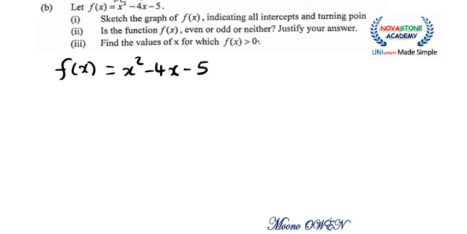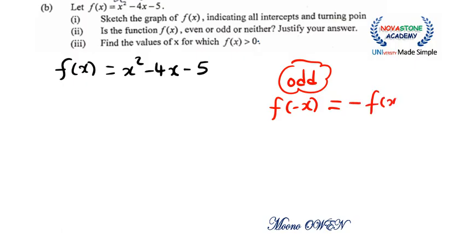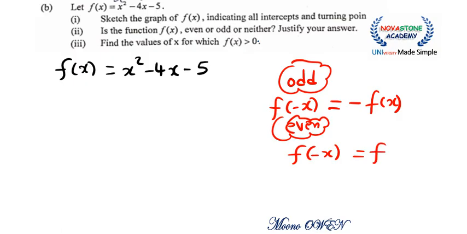Now you know that if a function is odd, we know that f of negative x is equal to negative f of x. Then if a function is even, what do we know? We know that if a function is even, f of negative x is equal to f of x. So basically these are the two equations.